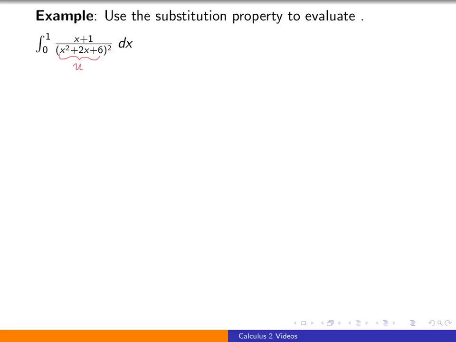So the most inside we could be is inside this square in the denominator. So what does that give us? No guarantees here, but we're going to try. u equals x squared plus 2x plus 6. du is 2x plus 2 dx. And what we need to do is somehow take this 2x plus 2 dx and that's going to allow us to get this dx term in terms of du.